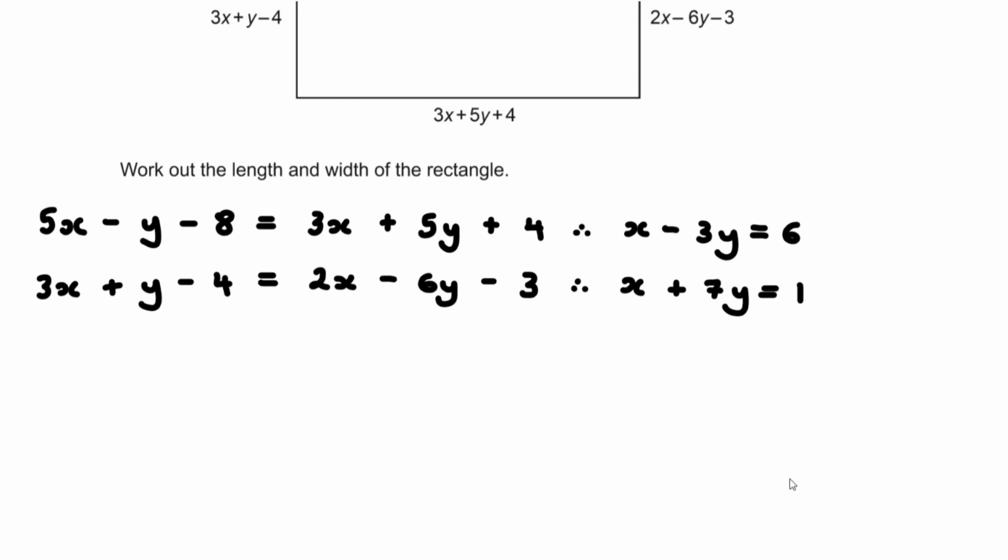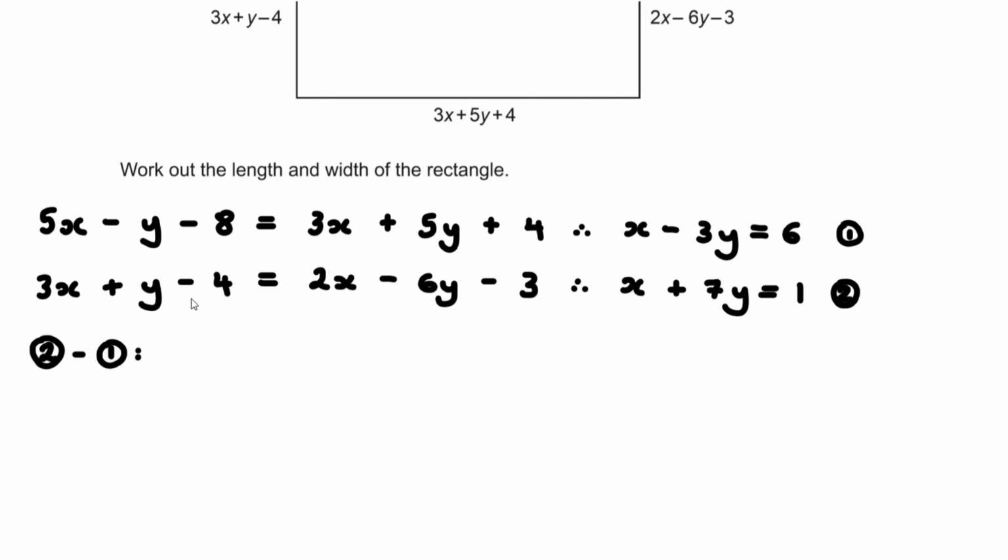What I need to do now is find out what x and y are. If I call this equation 1 and this equation 2, because we've got the same number of x's and we've got the same sign, we can subtract. So I can do equation 2 subtract equation 1.